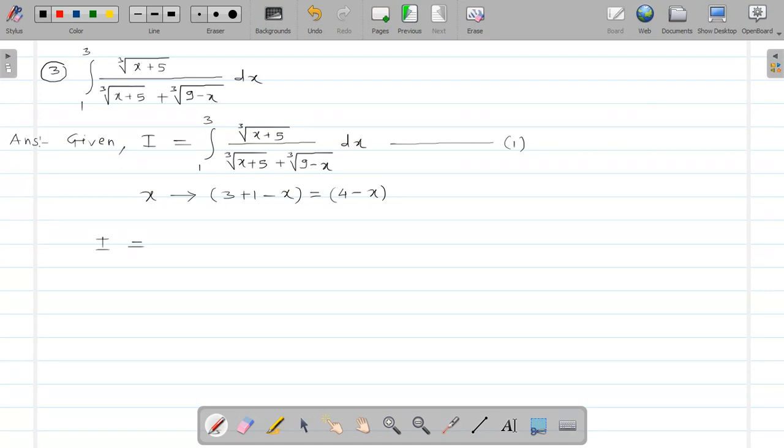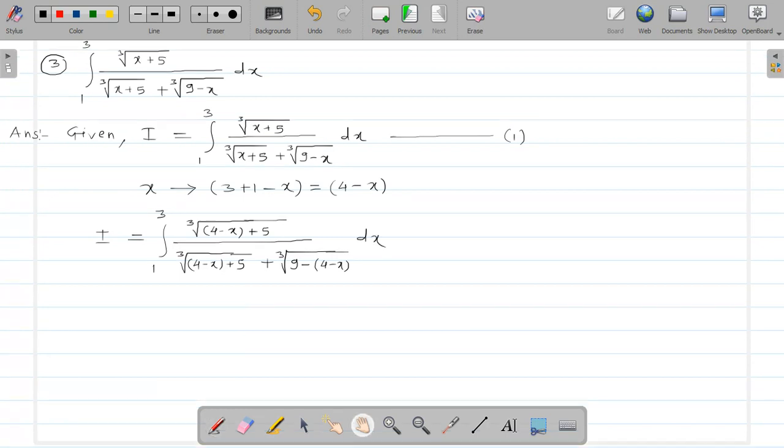So given integration I becomes integration from 1 to 3, cube root of x plus 5, where in place of x I put 4 minus x, so 4 minus x plus 5, divided by, in the denominator, cube root of again x plus 5, so in place of x put 4 minus x plus 5, plus the next term cube root of 9 minus x, so in place of x put 4 minus x. Then solve this.